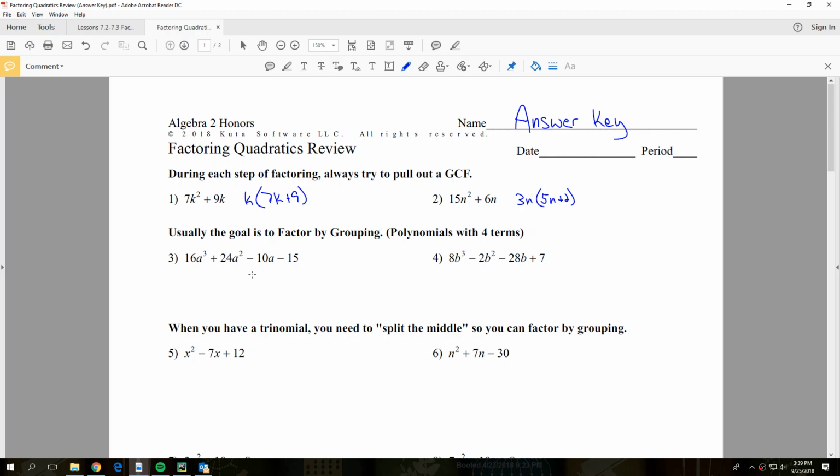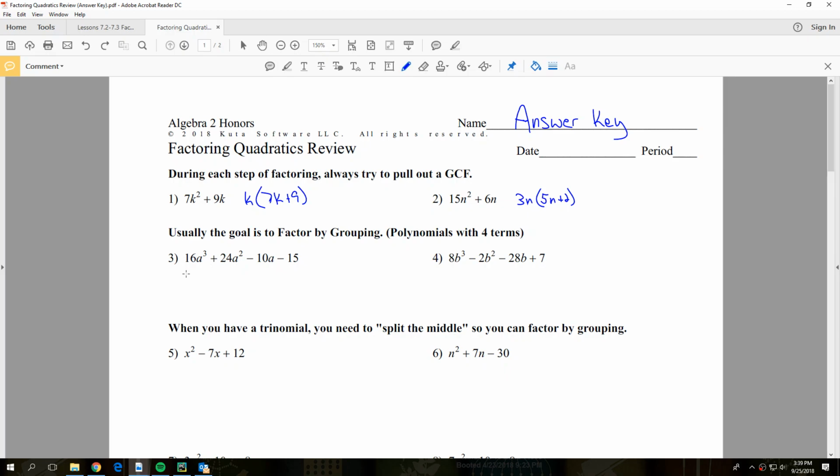So for number 3, you have this term plus this term minus this term minus this term. I'm going to end up taking these 2 and these 2, and it doesn't actually matter, by the way, how you do it. It should work out any way, but we usually just take the first 2 and the second 2.